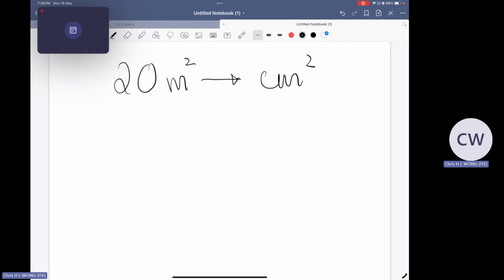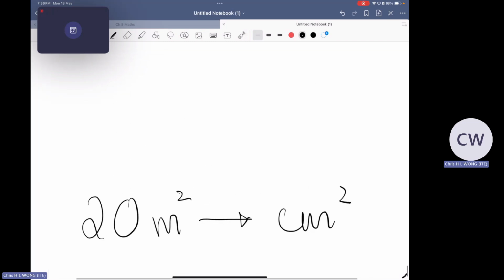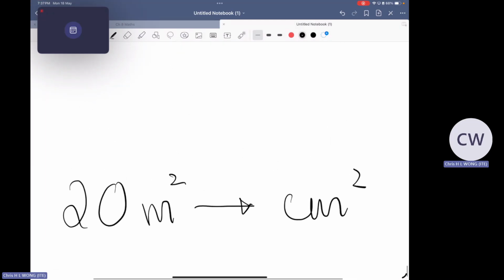Bring lower so you can see. Same method. How do you do? Use the same method.